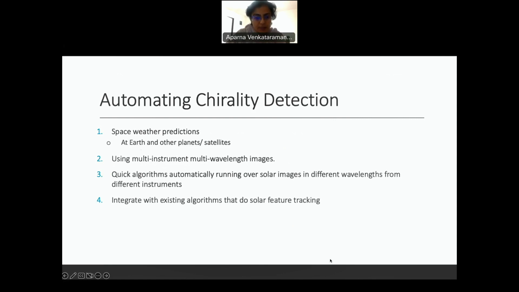This is just the first step in automating the usage of filaments for space weather predictions, the chirality detection. The next step would be to use magnetograms along with chirality determinations to get the axial field directions of the filaments, which will tell us whether they are north or south, and if they will affect the Earth's magnetic field or not.